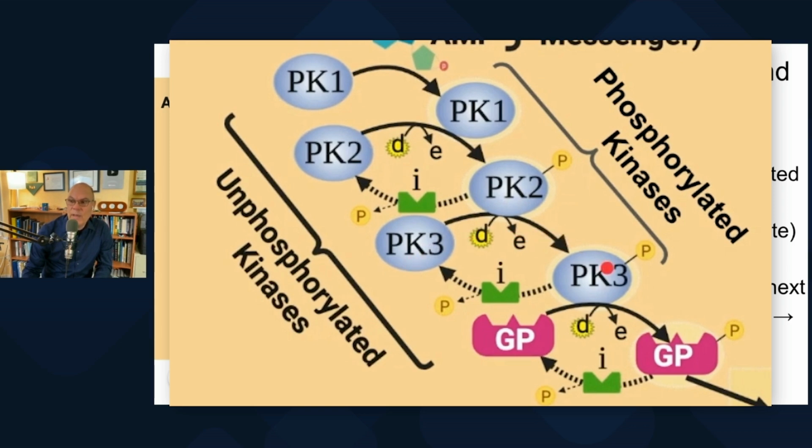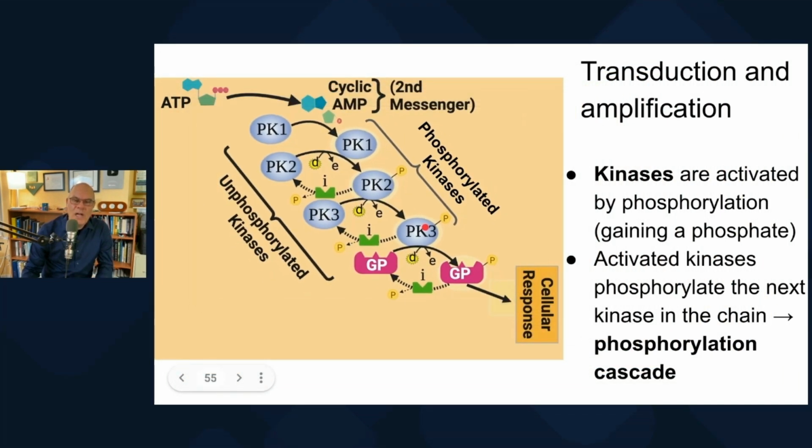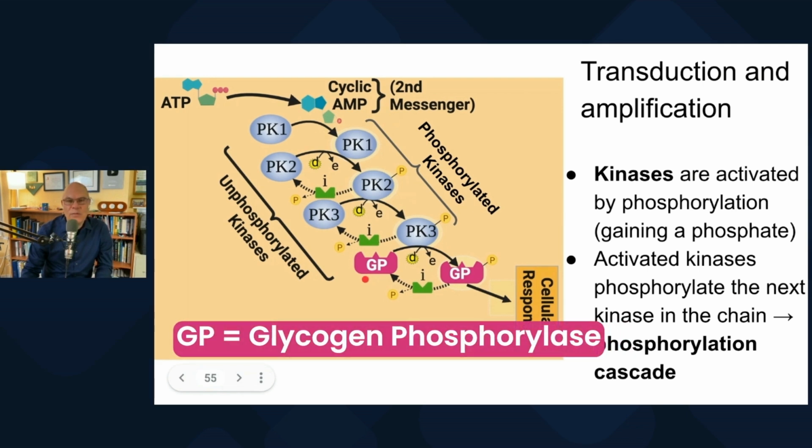Protein kinase 3 will become activated. And this will go on in a long chain. And then at the end, we'll get to the terminal enzyme. The terminal enzyme, I'm just representing by the letters GP, but that stands for glycogen phosphorylase. And what that does is that's the enzyme that takes glycogen and snips its glucose subunits off to release glucose into the bloodstream.